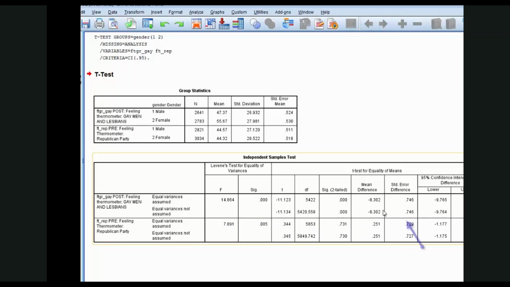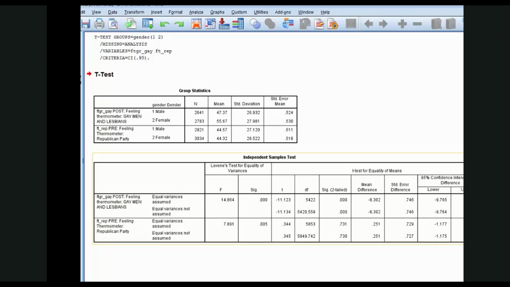As before, in an earlier module, we can see that the 95% confidence interval of the difference, we observed minus 8.302. Statistically, the difference in the population could be as large as minus 9.764 or as narrow as minus 6.840, but it is highly unlikely that the difference could be zero, as the null hypothesis is claiming.